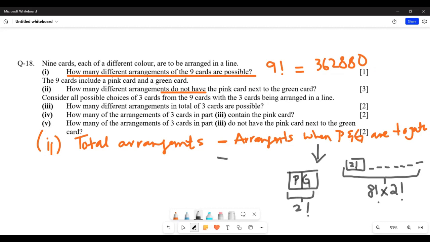So when pink and green card are together, it's 8 factorial times 2 factorial, and total arrangements were 9 factorial. So 9 factorial minus 8 factorial times 2 factorial, which gives 80640.